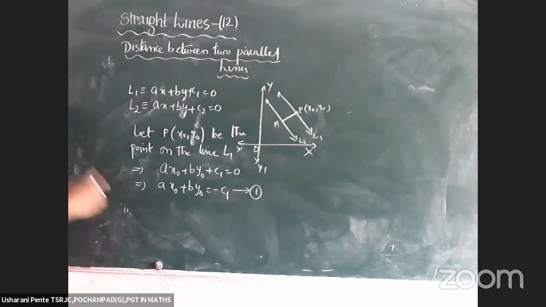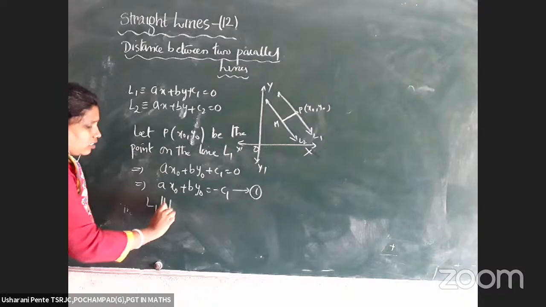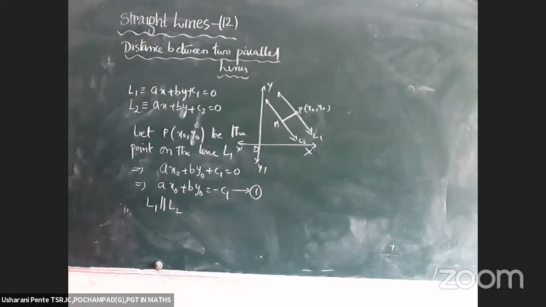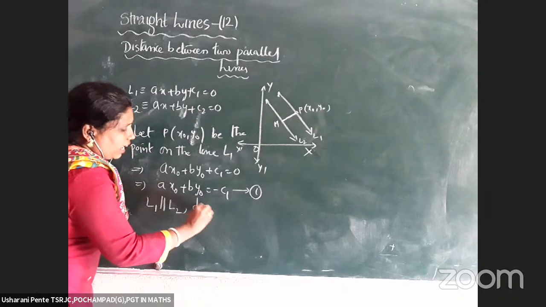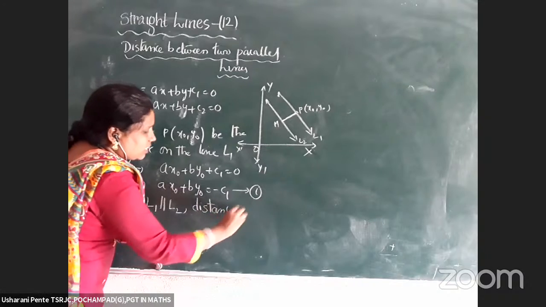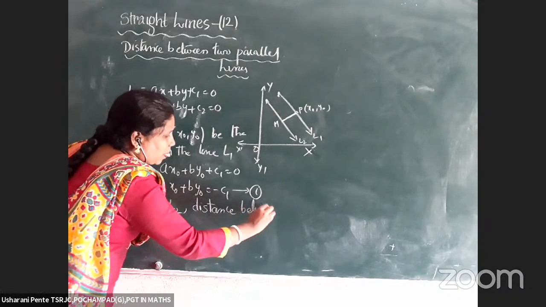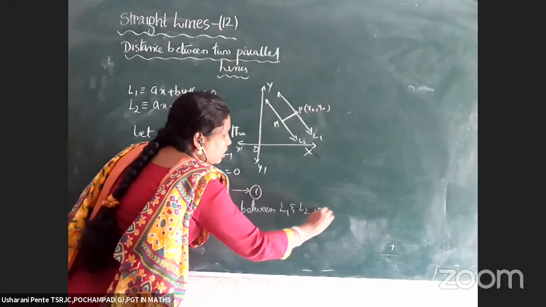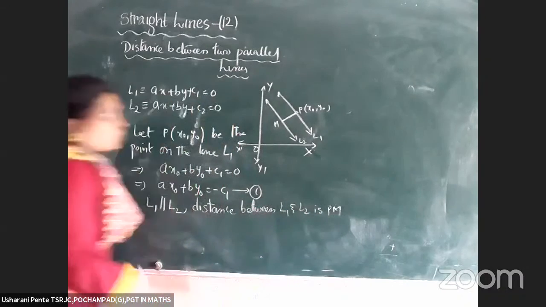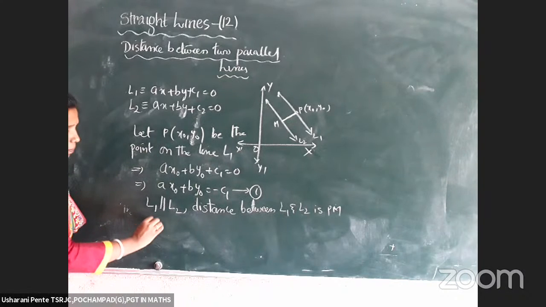Now, we know that L1 is parallel to L2, and the distance between L1 and L2 is PM. What is PM? PM is a perpendicular.